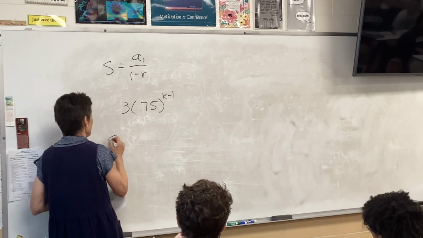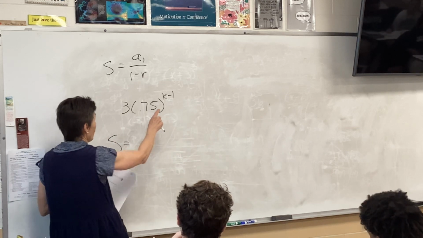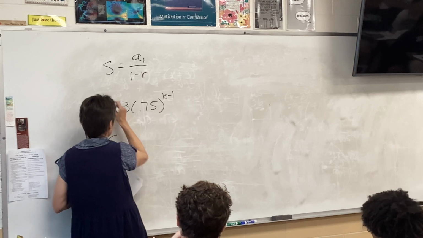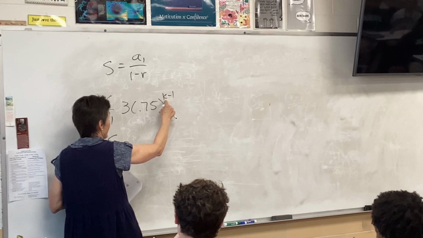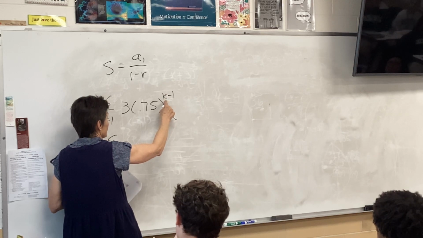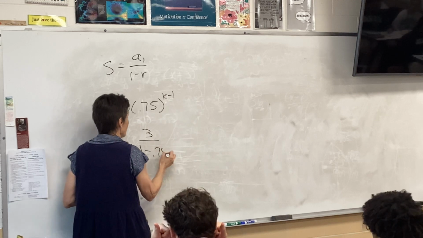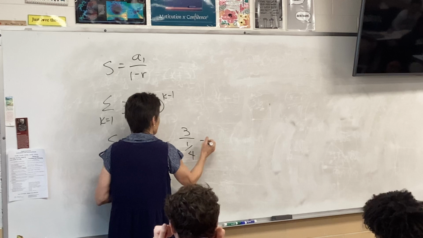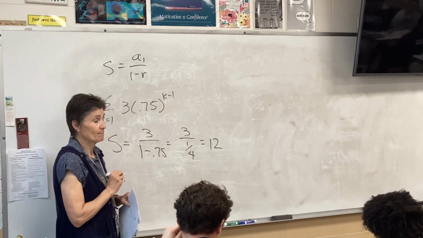So we want to start with k is 1. If we put a 1 in here, what do we get? Just 3. So our first term is 3, and our ratio is 0.75. I think your sum is 12, if I did my arithmetic right.